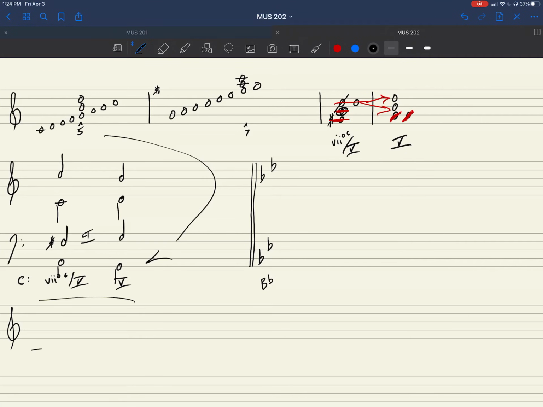So I'm going to start with my primary key area. I'm going to go to the 5th scale degree, which is F, and I'm going to write in my secondary key area.